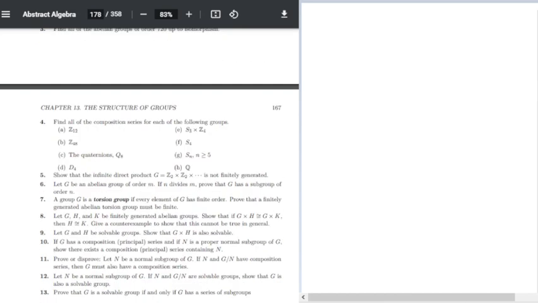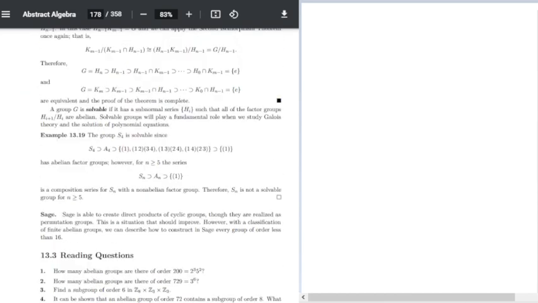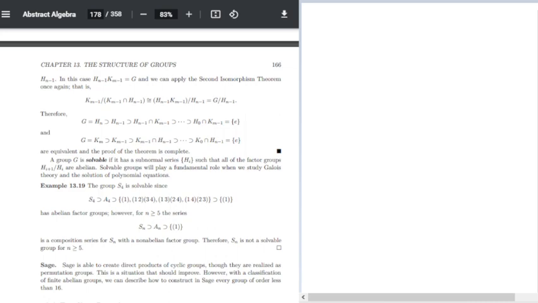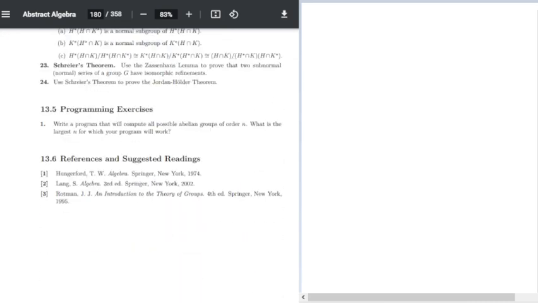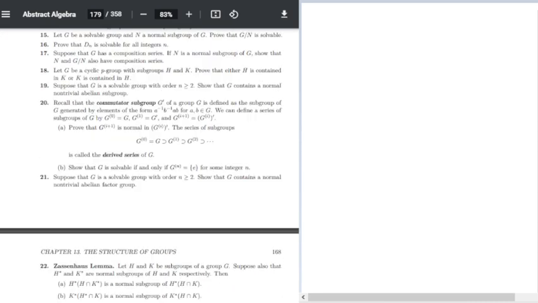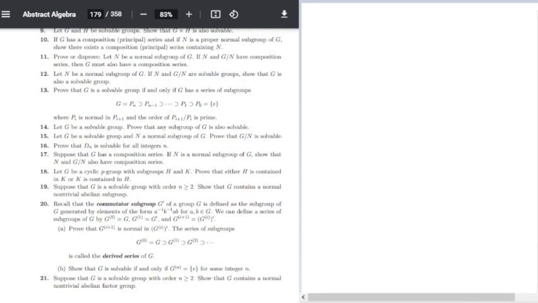And then what does it require that G be solvable? If all factor groups are abelian. And if the factor groups are prime, then we have that the group is necessarily abelian.